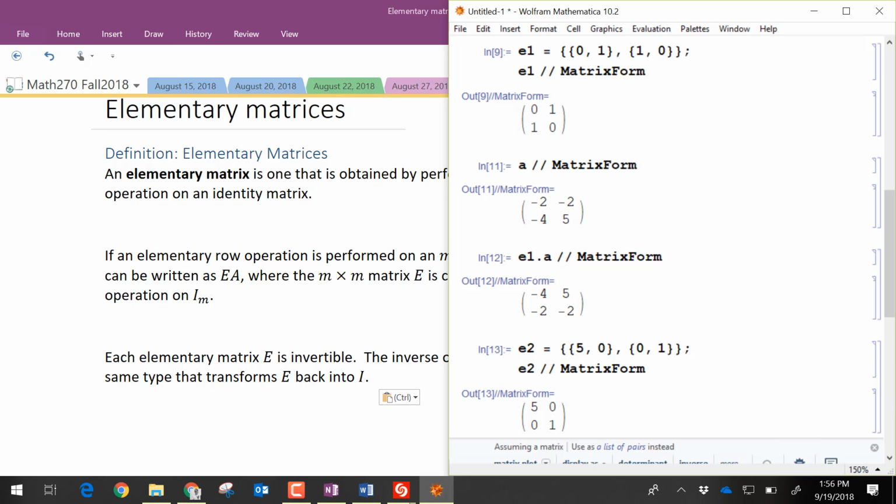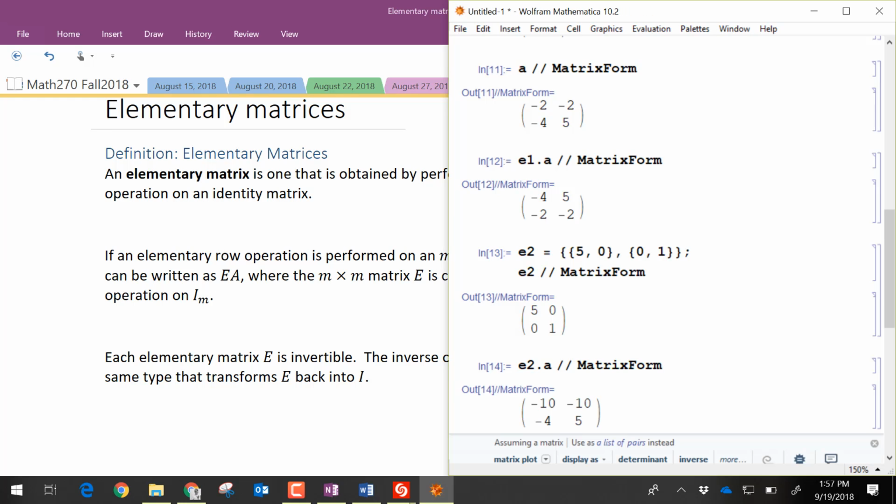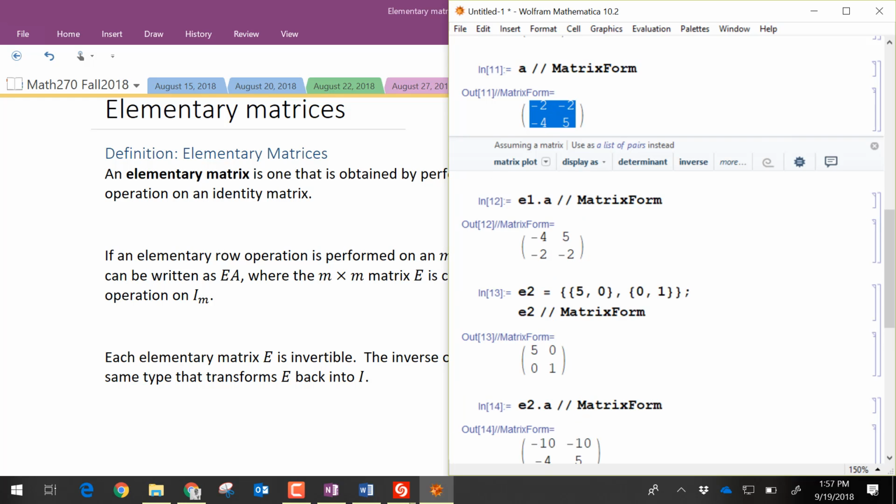Let's see what happens if we multiply the same matrix A with this elementary matrix. The matrix A, remember, is -2, -2, -4, and 5. So we multiplied this matrix by 5, 0, 0, 1, and so it does the same thing.